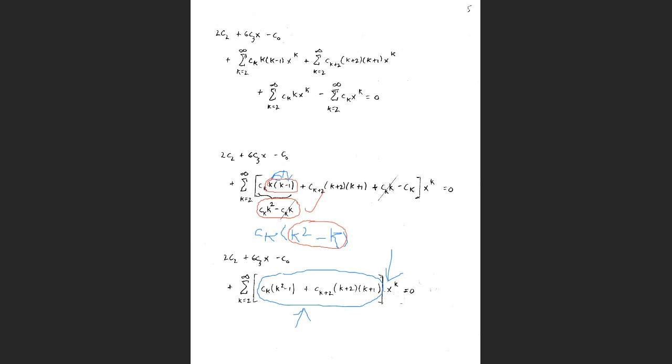Now we'll have to finish this example up in the next class, but let's just continue on to the next page. I want to get there. So okay, we agree that for this equation to be true, all of these coefficients in the power series have to equal 0.